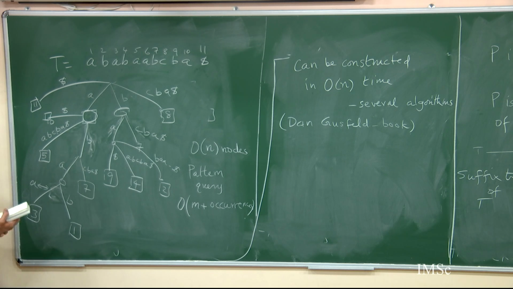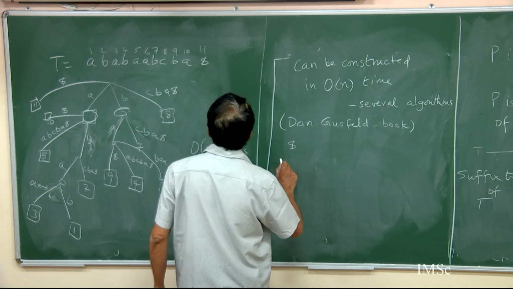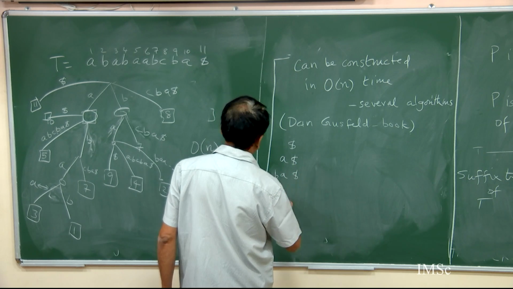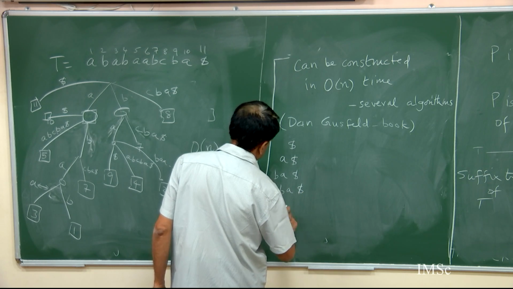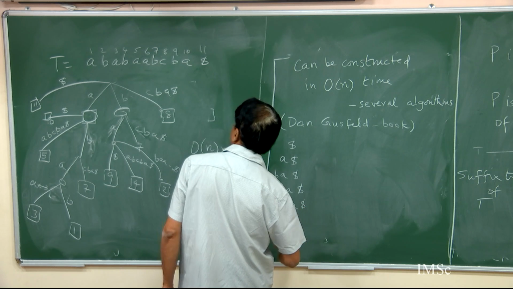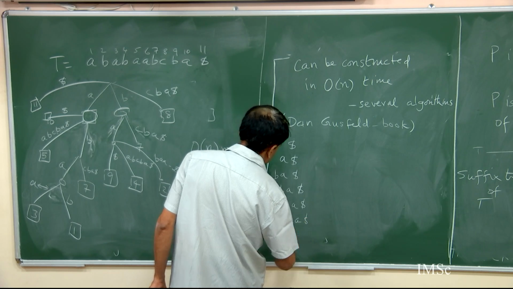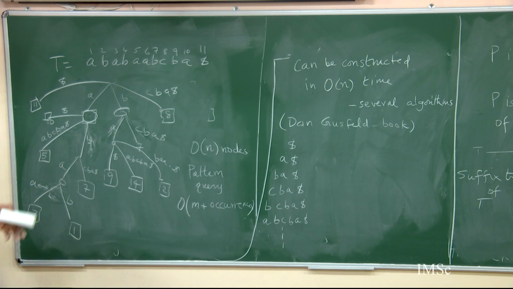Then, if you write down all the suffixes, what are the suffixes? So it's dollar, A dollar, B A dollar, C B A, and so on, and lexicographically sort all the strings. Okay, so write down all the suffixes.